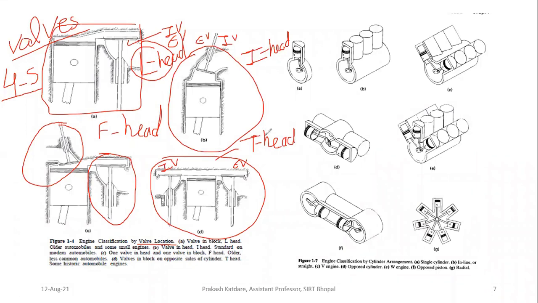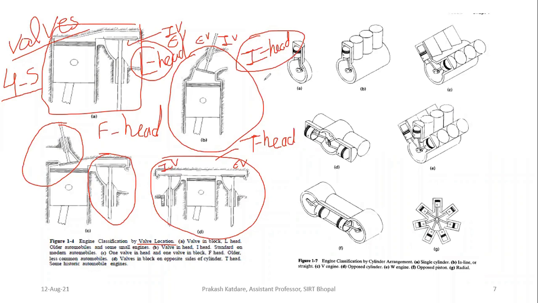So depending upon the valve location, we are having 4 different types of IC engine. One is L-head type, another is I-head type, then F-head, and one more is T-head type of IC engine. Out of these types, nowadays I-head, or you can say overhead type of IC engine, is the most common one which we are utilizing.